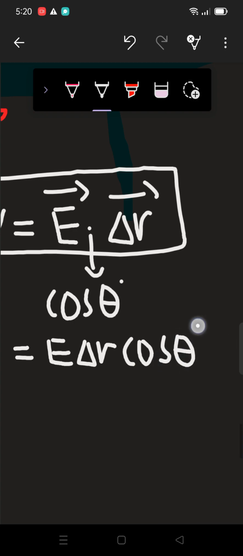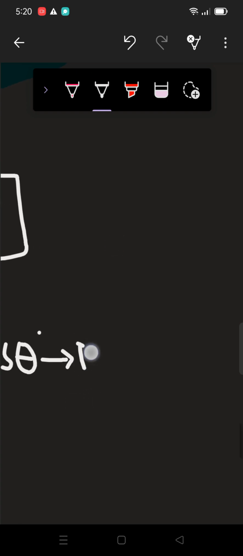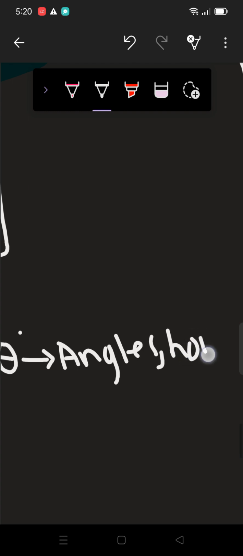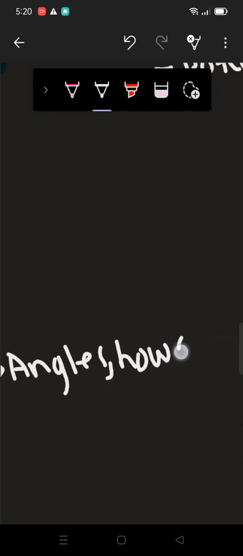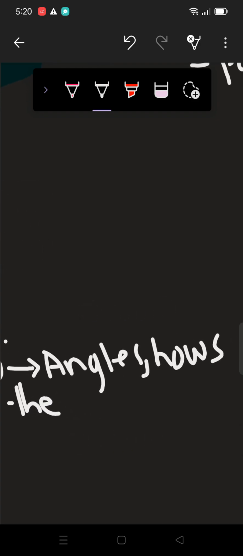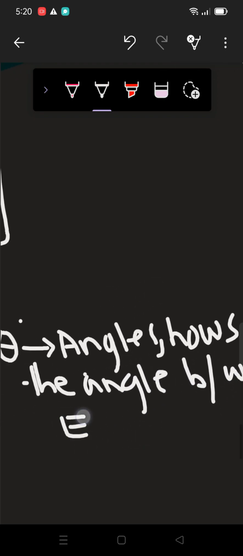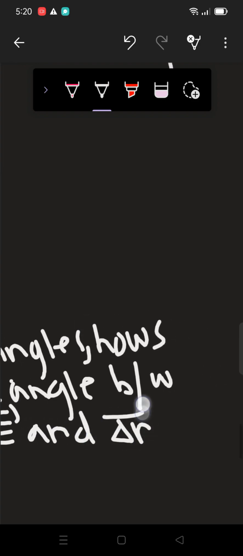Theta is the angle between the electric field and the small displacement, which is represented by del R.